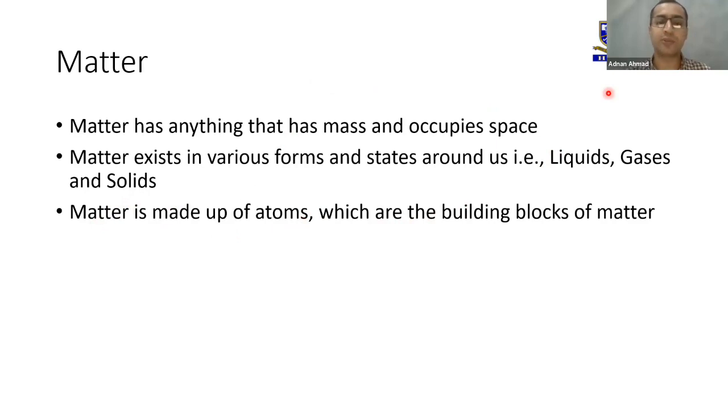Different types of atoms combine together and form molecules and compounds. And the same types of elements or atoms can also combine together and give rise to matter. So this is what matter is. Now let us move forward and let us know more about matter.